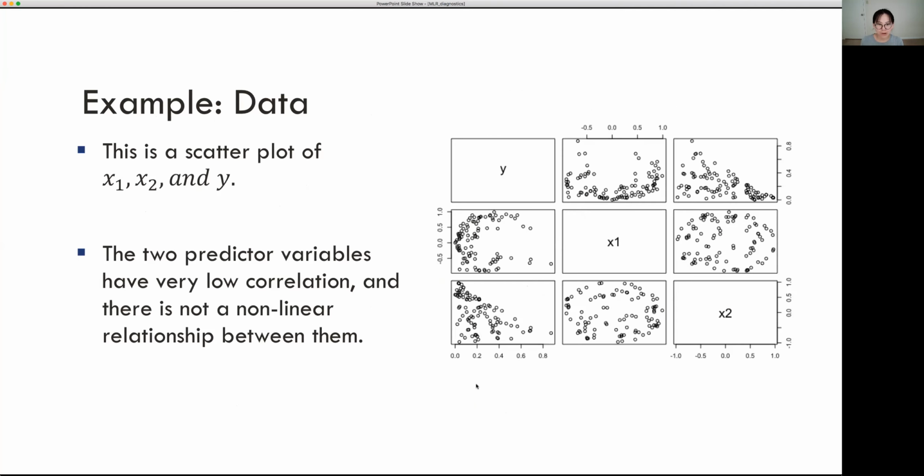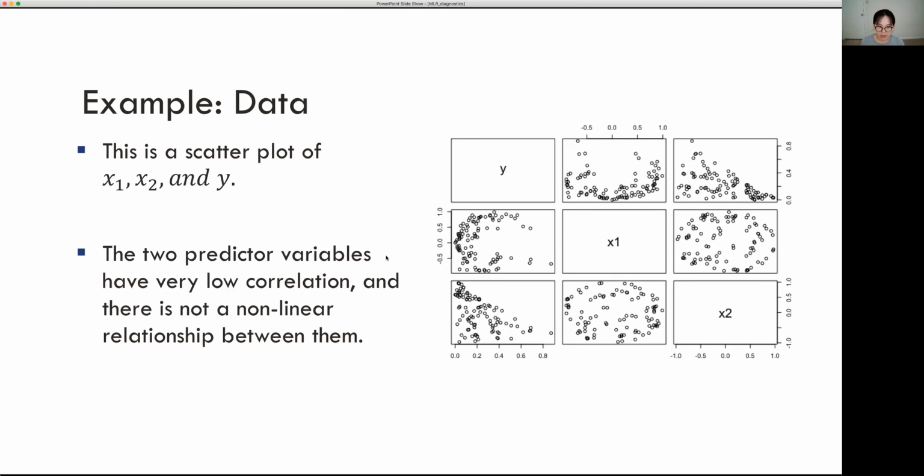Right. And let's look at the data. Here is a scatter plot matrix, and we can just focus on this one, the symmetric one.